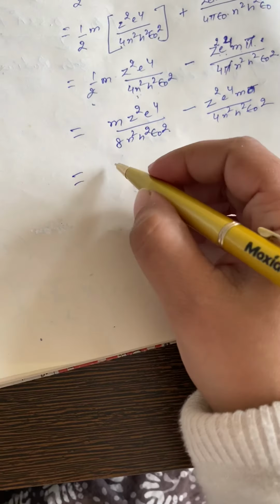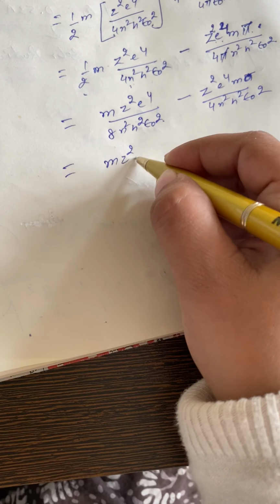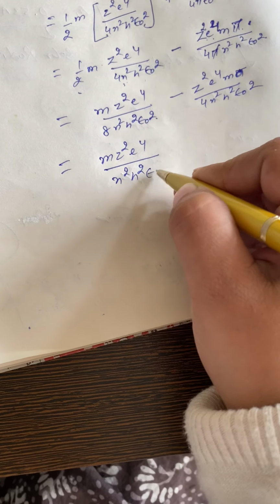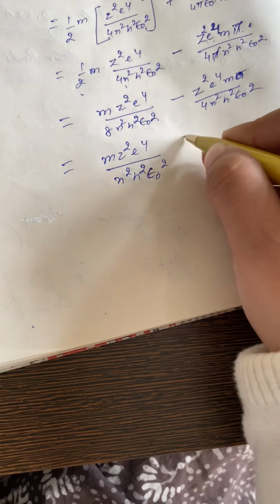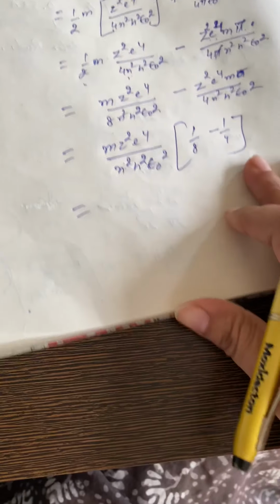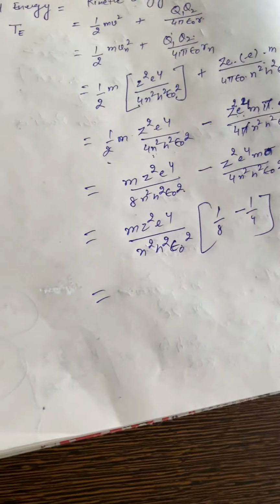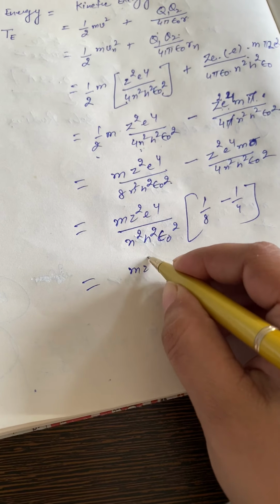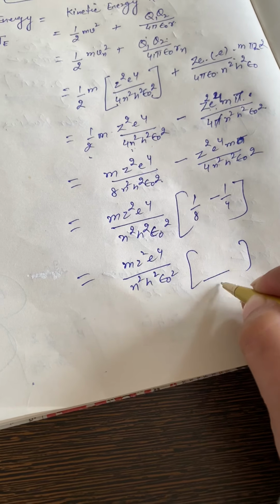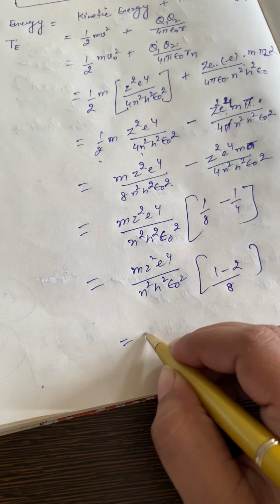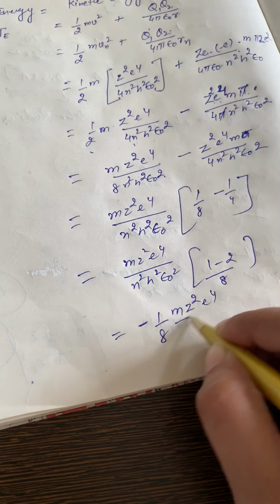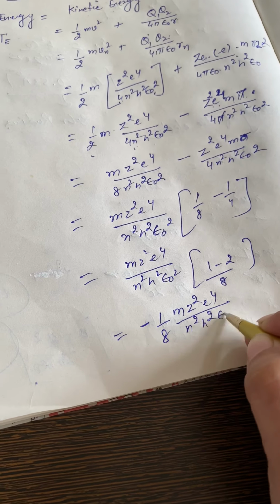Here we have a common factor, that is m z square e raised to power 4 over n square h square epsilon naught square. In the bracket we will have 1 minus 2, which will become equal to minus 1 by 8 m z square e raised to power 4 over n square h square epsilon naught square.